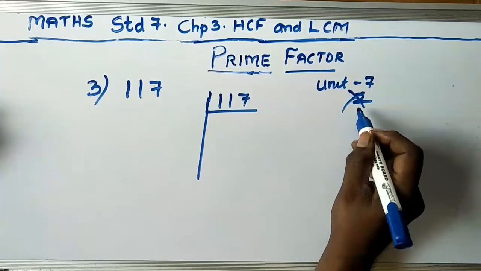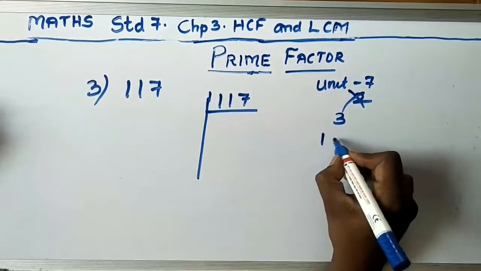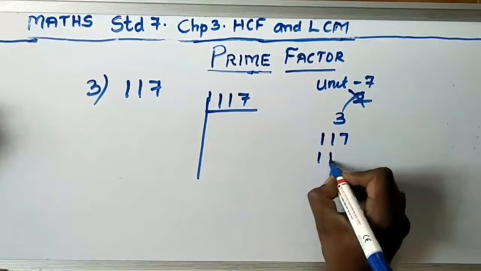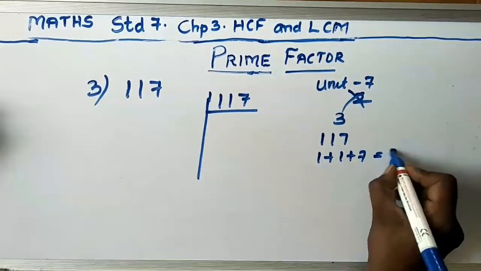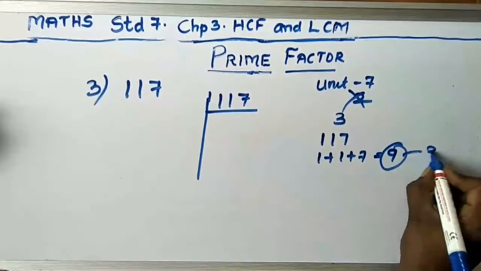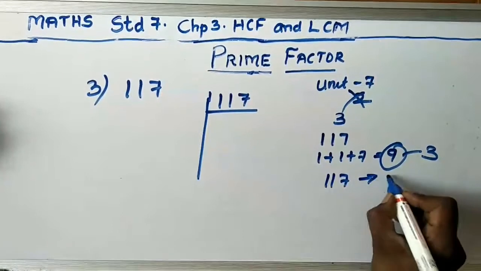Now is this number divisible by 3 or not? Let us take it. 1, 1, 7 means 1 plus 1 plus 7. 7 plus 1, 8, 8 plus 1, 9. 9 goes in 3 table. So that means 117 is also divisible by 3.